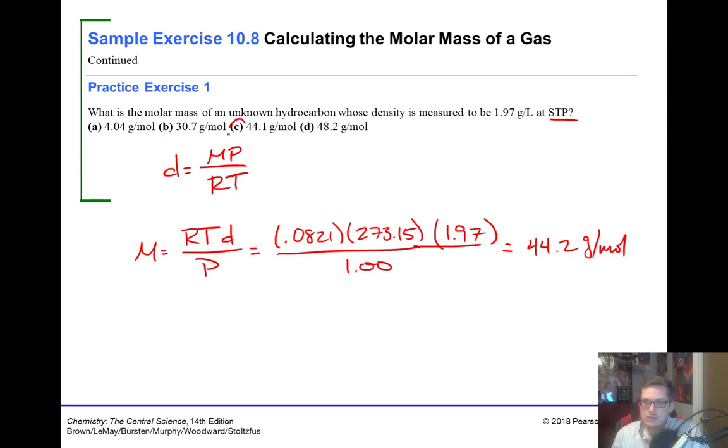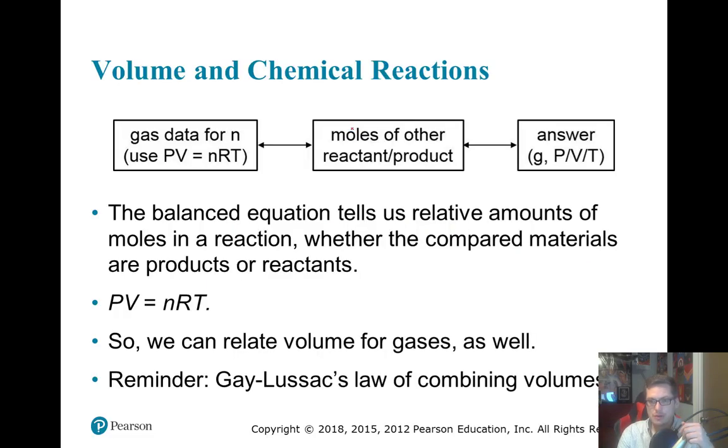So that's closest in value here. Probably what happened is that they don't use the 0.15 for the Kelvin, would be my guess. Or it might also be slightly different if you use 0.08206, or it could be slightly different because they might use the Pascal value instead. Who knows? But that's primarily it for ideal gas law.